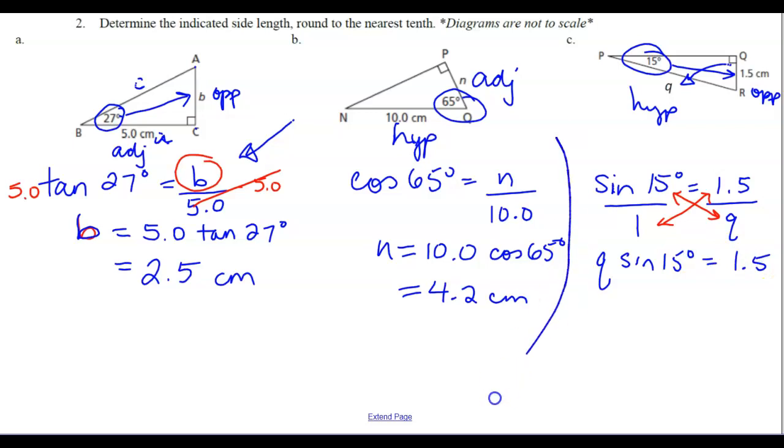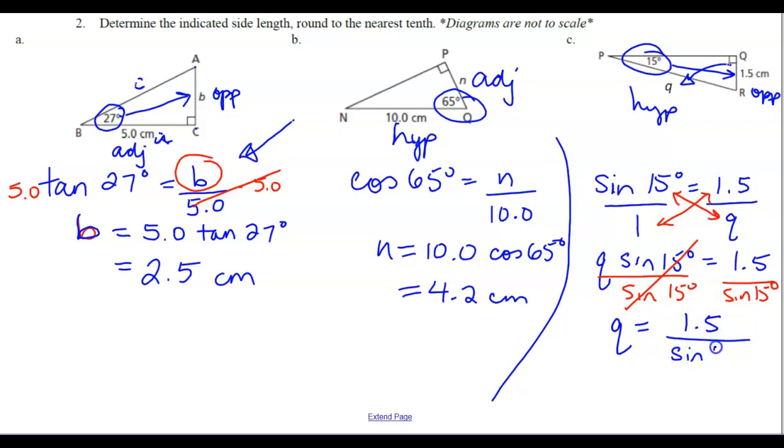Now to get q by itself, we have to divide by sine of 15. So those divide out. So really, our calculation is 1.5 divided by sine of 15.